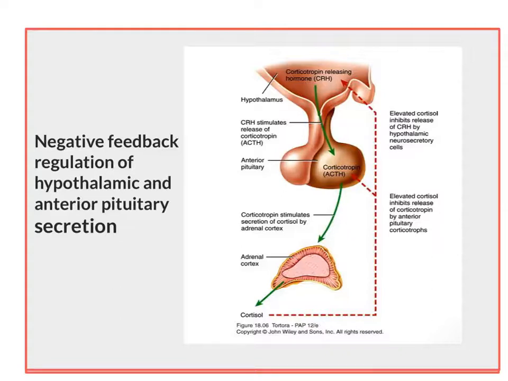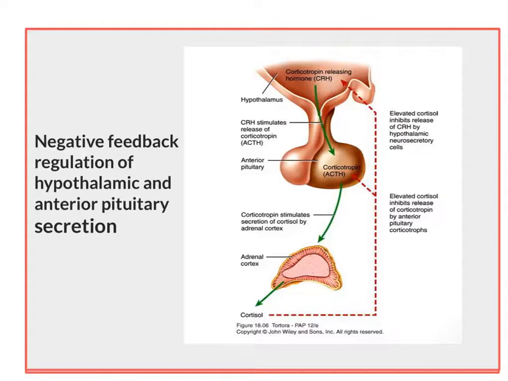We want to keep the levels of cortisol in the body stable, and to do this, as cortisol levels increase, cortisol itself is going to negatively feed back to both the anterior pituitary and the hypothalamus to stop the release of both corticotropin releasing hormone and corticotropin. Once cortisol levels drop down again, then we can start this feedback mechanism again. So this is an example of how negative feedback can work between the hypothalamus and the anterior pituitary.